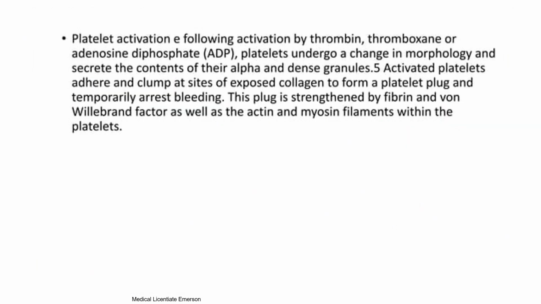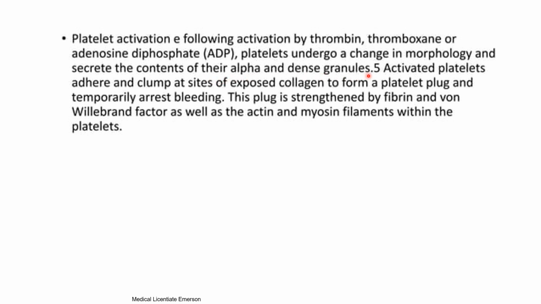The other mechanism is platelet activation. Following activation by thrombin, thromboxane, or adenosine diphosphate, platelets undergo a change in morphology and secrete the contents of their alpha and dense granules.